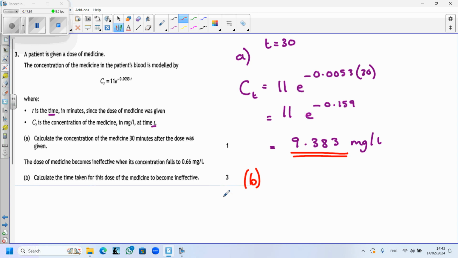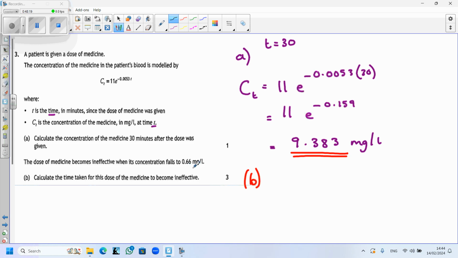So the second part, part B, it says the dose of medicine becomes ineffective if the concentration falls below 0.66 milligrams per litre. Calculate the time taken for this dose of medicine to become ineffective. So basically we want to find out when the dose is at 0.66 milligrams per litre, and then it'll become ineffective after that time.